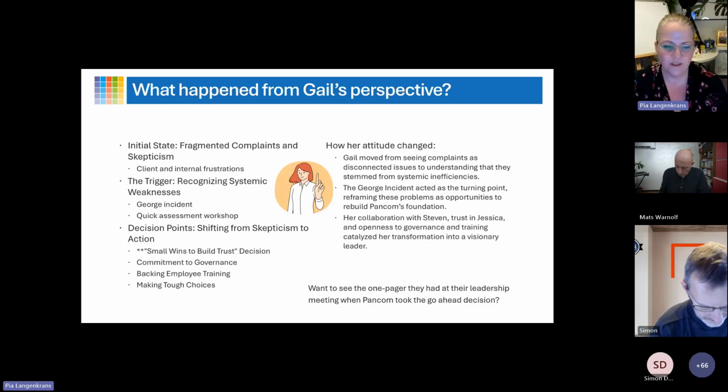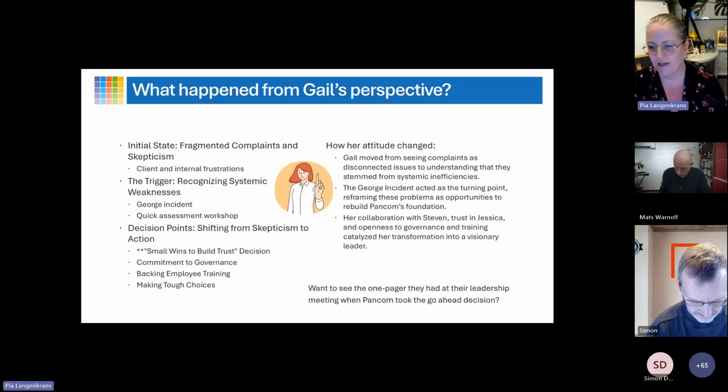And also when she backed employee training, to have that consistently, not just a one-off project. It's like, okay, these are new times, new things are happening all the time. We can't just hire people that have the competencies we're missing. We really have to train for this.